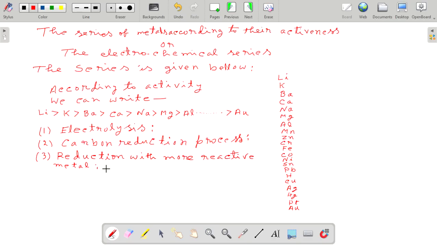This process is called displacement. It is used for metals that are more reactive than carbon but can be displaced by other more reactive metals. For example, when iron is added to copper sulfate solution, copper is displaced by iron. The reaction is given below.